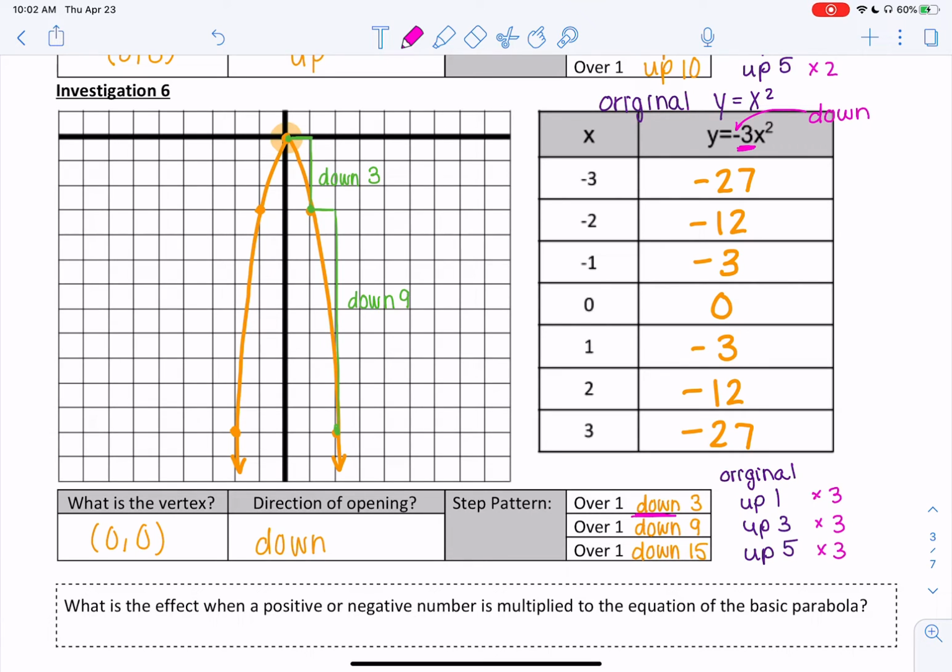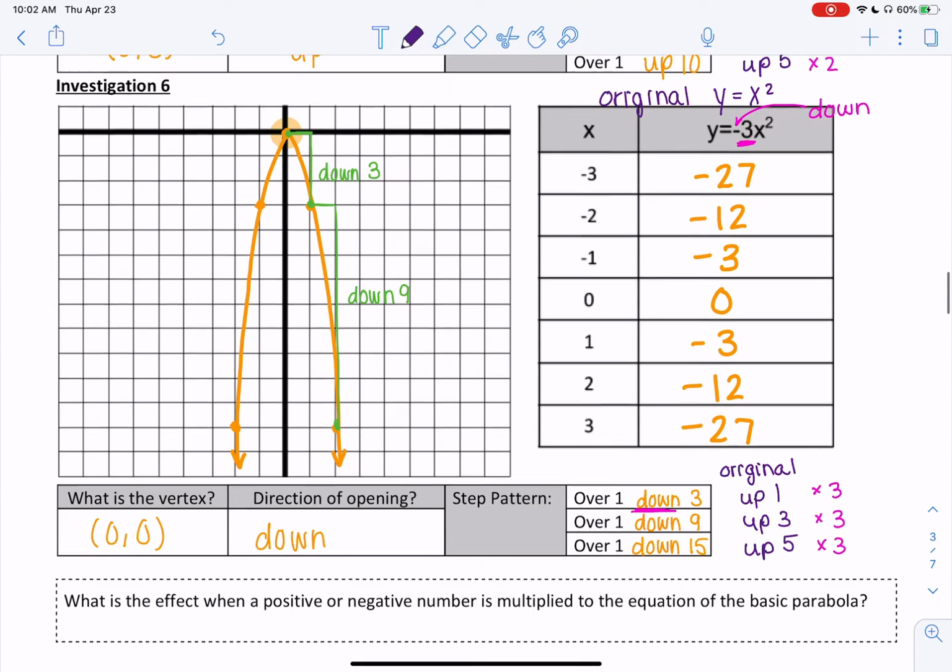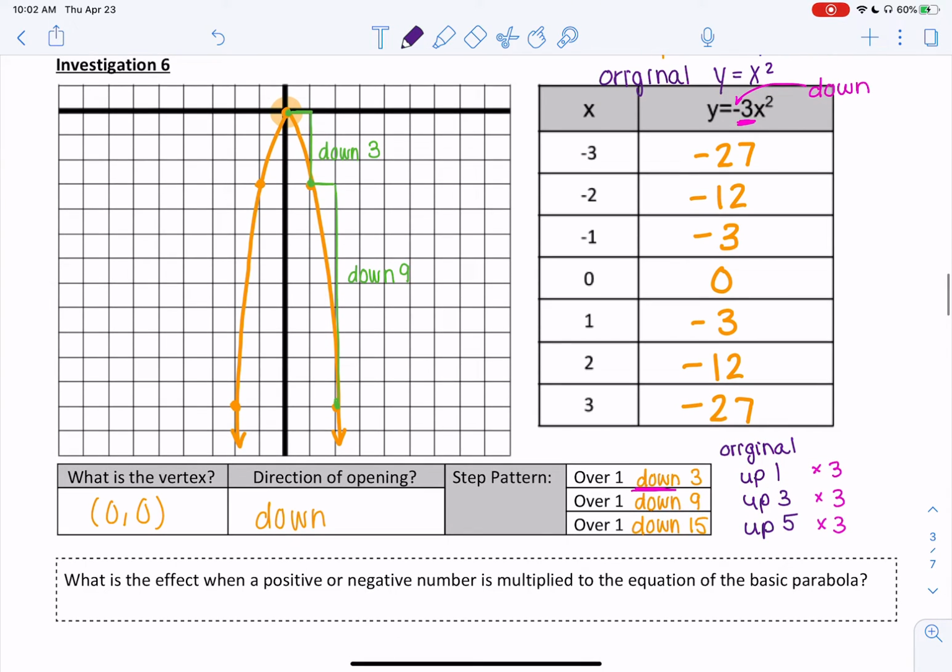So let's make some conclusions here. What is the effect when a positive or negative number is multiplied to the equation of the basic parabola? So the first thing is that it's positive. When it's positive, we have what's called a vertical stretch. So we did talk about those before. And in that case, we're going to multiply the step value.